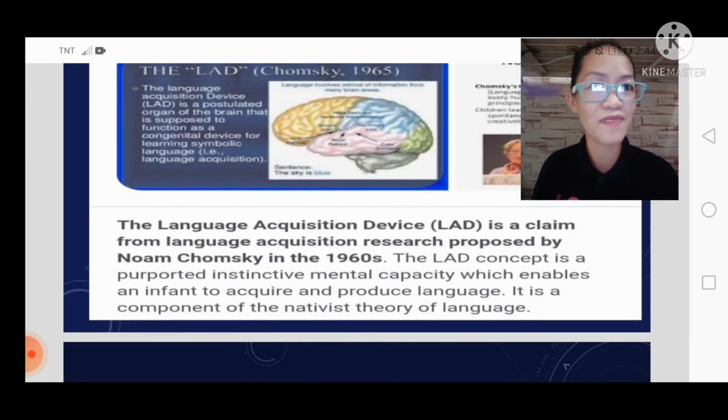The language acquisition device, or LAD, is a claim from language acquisition research proposed by Noam Chomsky in the 1960s. The LAD concept is a purported instinctive mental capacity which enables an infant to acquire and produce language. It is a component of the Nativist theory of language.